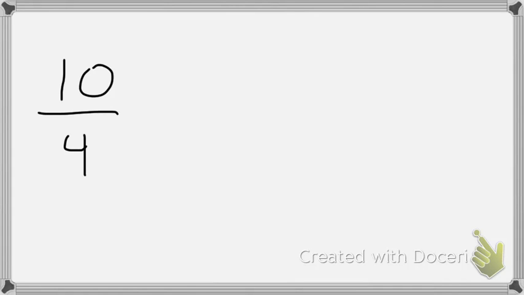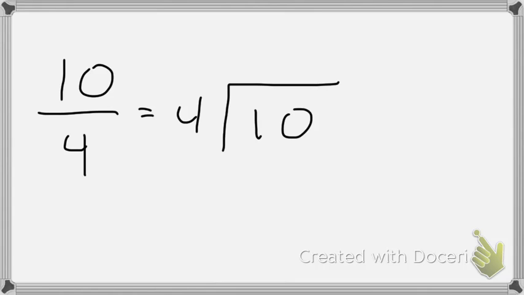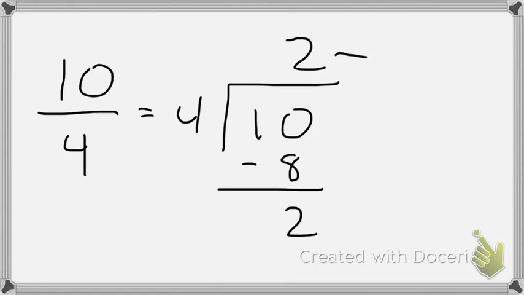Now the same applies to an improper fraction. We have to change the improper fraction to a mixed number and then reduce it if we have to. So remember, 10 divided by 4. The numerator we're going to call Jack in the box. So 4 into 10 goes 2. 10 minus 8 is 2. So my remainder is going to become my numerator, right up there, and my denominator stays the same, 4.